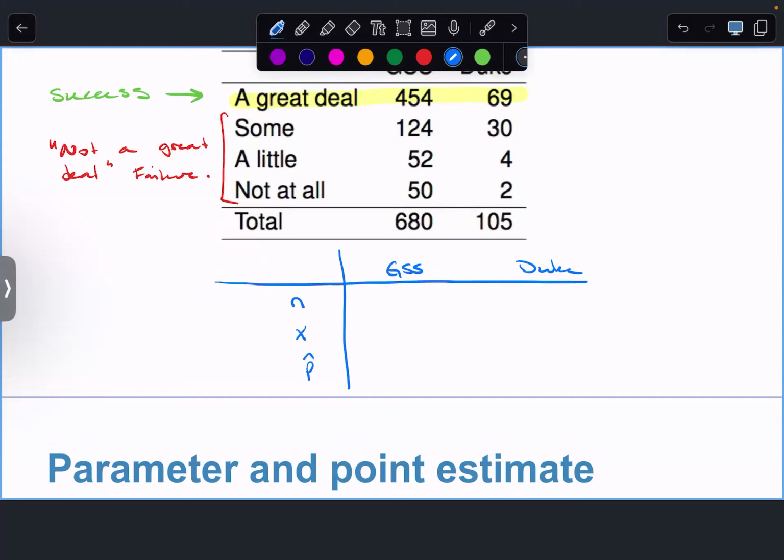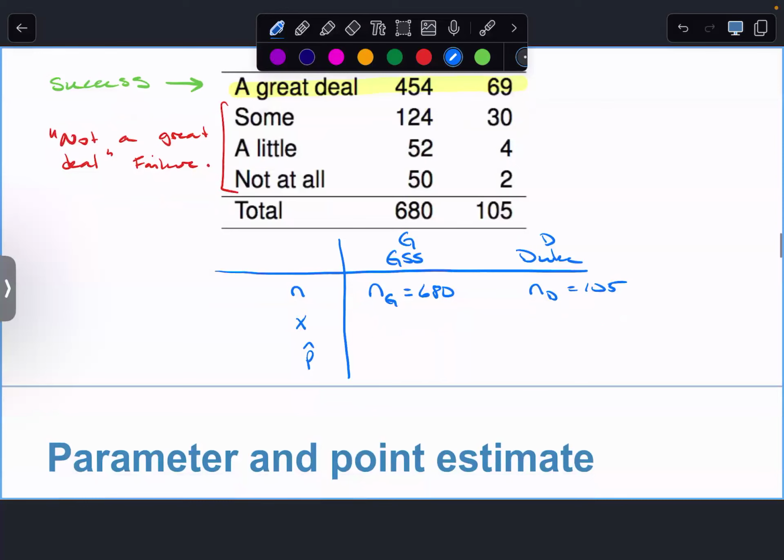This will be summarized on a later slide, but I just want to show you where we grab all these things from. I'm going to use G for the GSS and D for Duke, just to save myself a little bit of writing. nG is the sample size for the GSS, which is 680, and nD is 105.